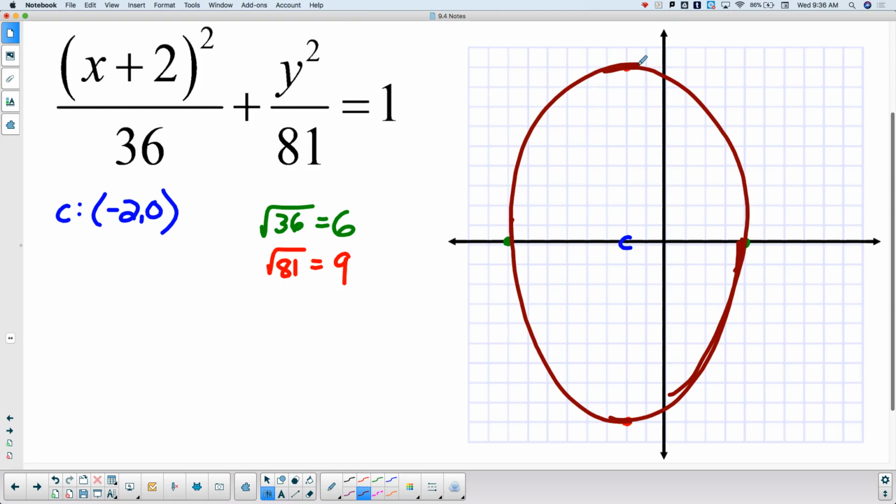Foci. Negative 45. Okay, so absolute value 45.